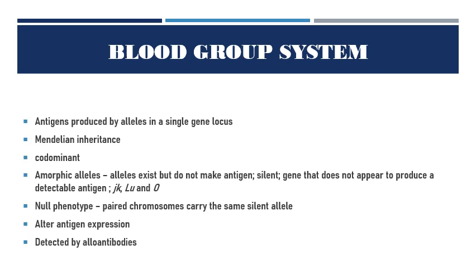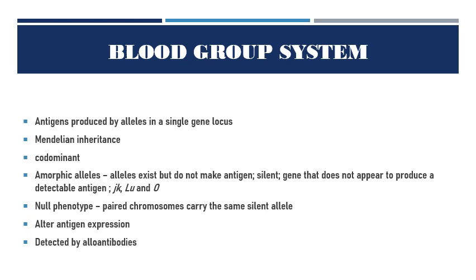Some alleles are amorphic, meaning silent. The alleles exist but do not make the antigen, or the gene does not appear to produce a detectable antigen. Examples of silent alleles are JK, LU, and O.